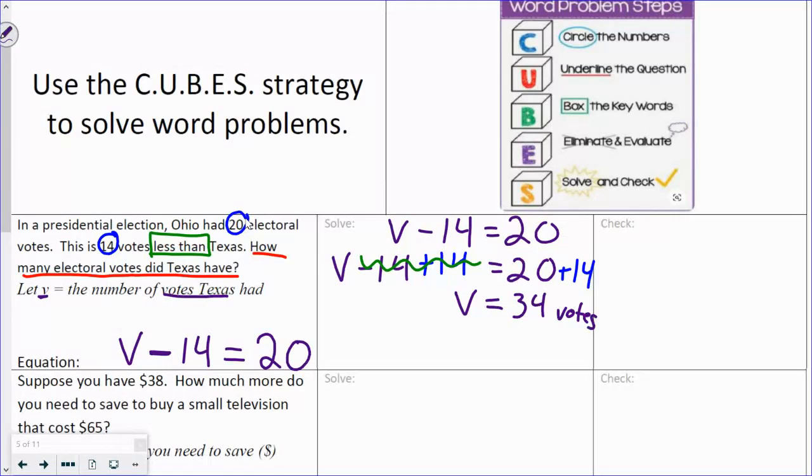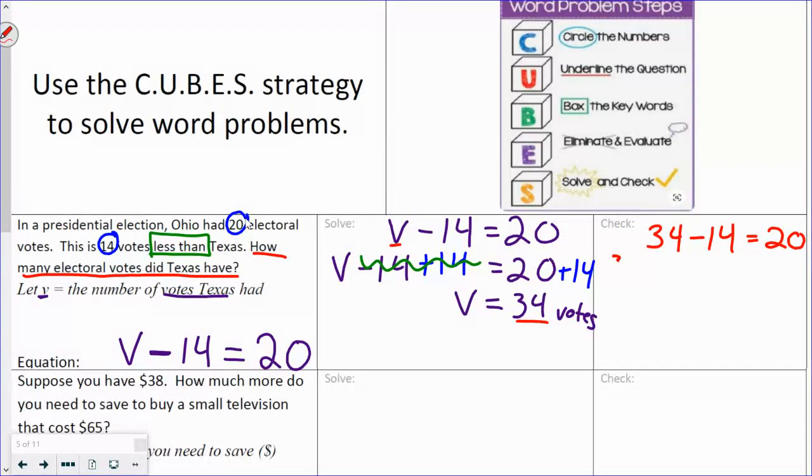But then this is where some of you get lazy and you're not going to actually check your work. To check your work, all you're doing is replacing your variable with your solution. So instead of my V, I'm putting 34 minus 14, and does that equal 20?